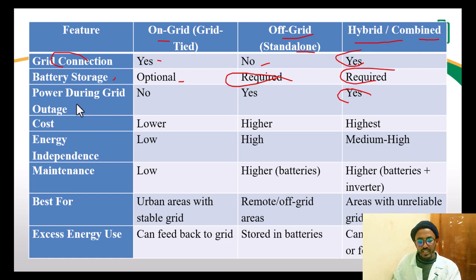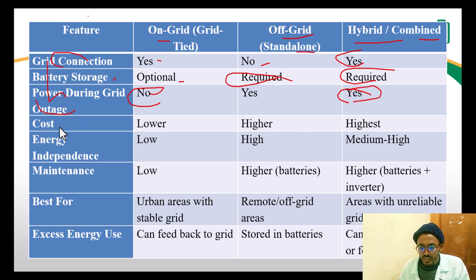So power during grid outage, no, there is no power. Let's say if there is cloud, or if there is not enough amount of storage there, so there is no power, we can say. But here we don't have power as long as we don't have storage, and here we don't have battery, so we don't have power.